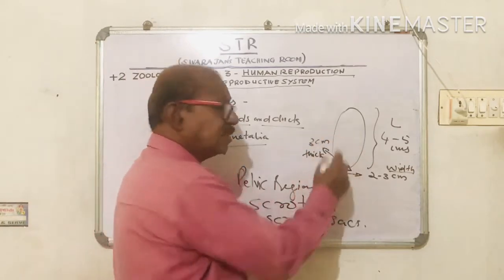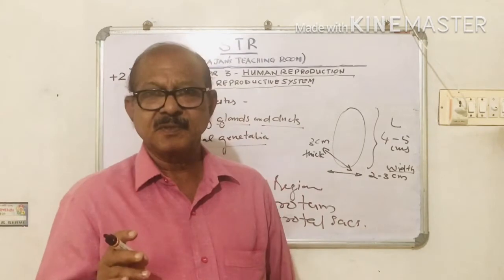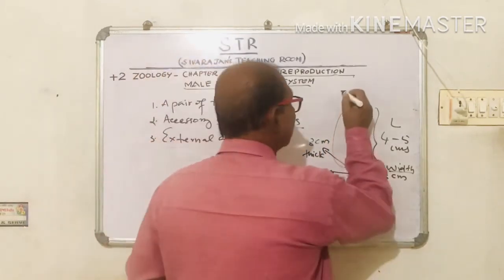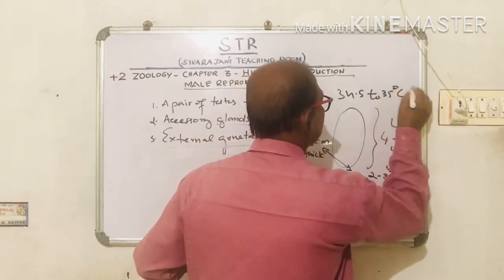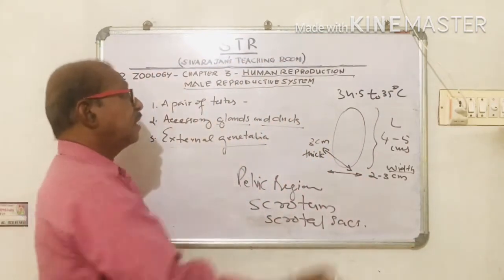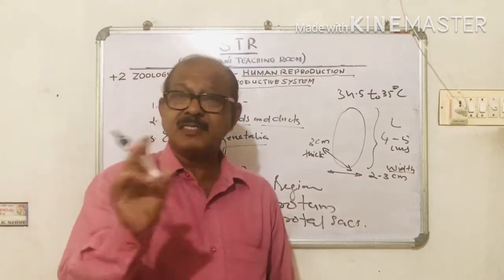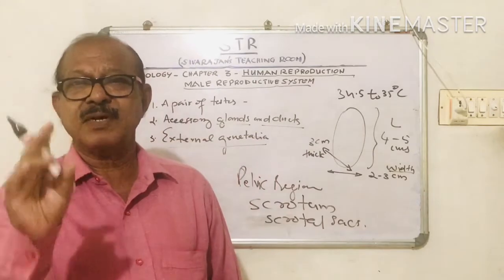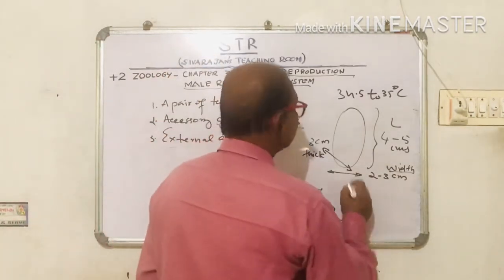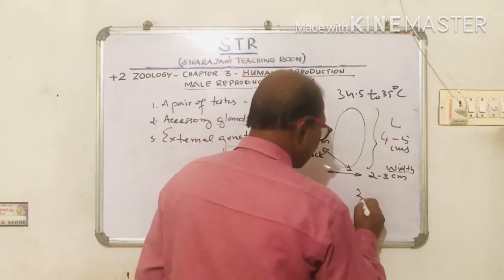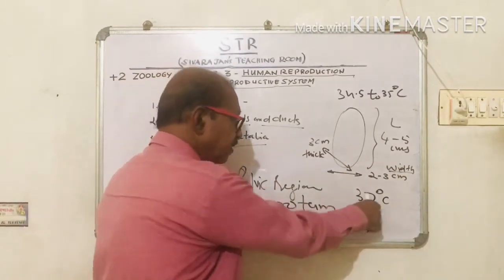The testis can work in a healthy condition at a temperature between 34.5 to 35 degrees centigrade. At this temperature only the testis can function and produce sperms. But the body temperature is 37 degrees Celsius.